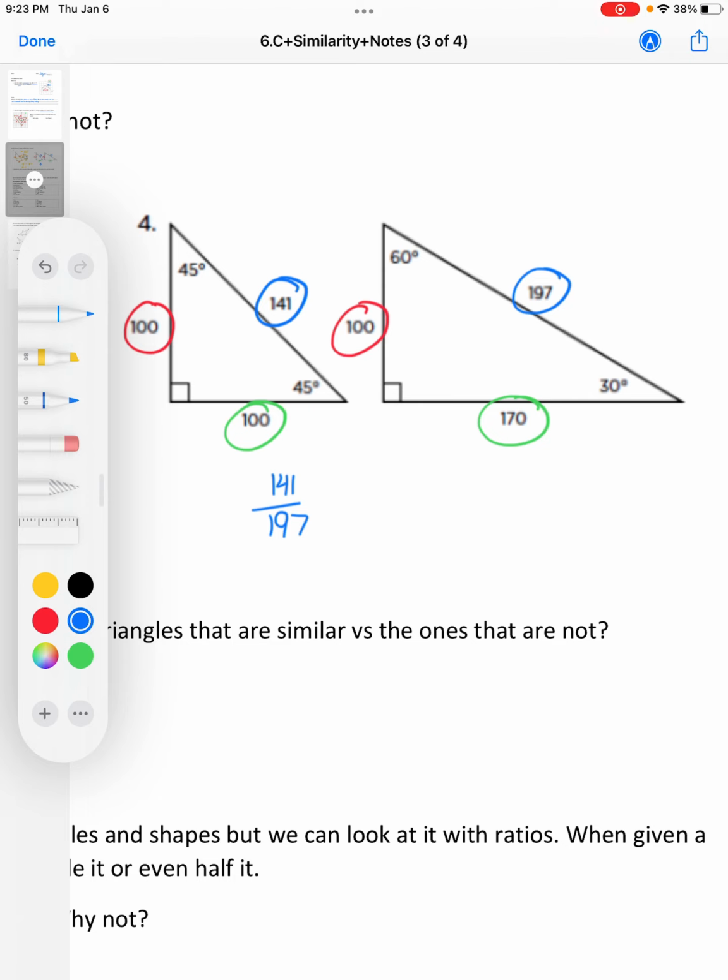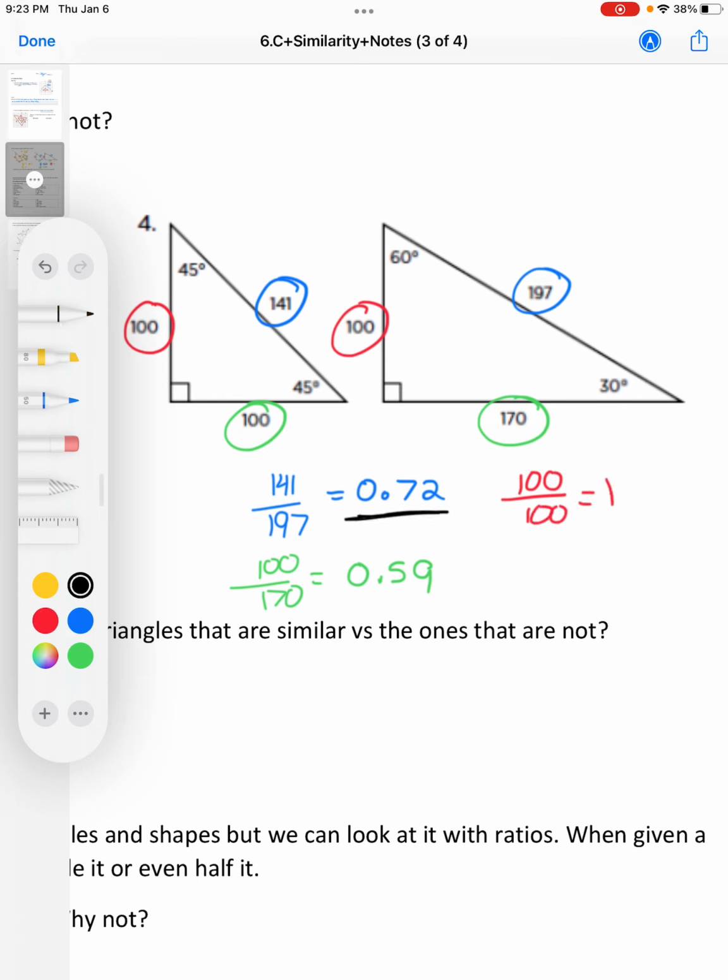I have to type that in my calculator because I don't know. 141 divided by 197 gives us about 0.72. Let's try the next one. 100 divided by 170 gives us about 0.59. And then the easy one, 100 divided by 100, that just gives us 1.